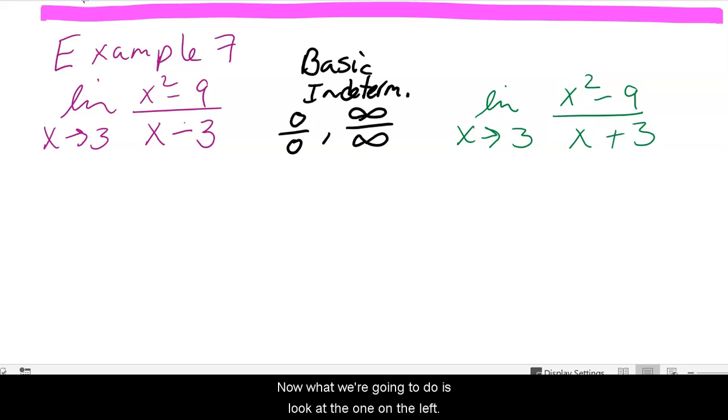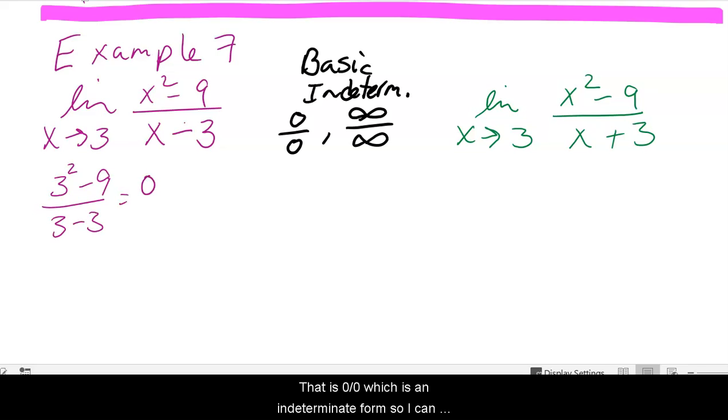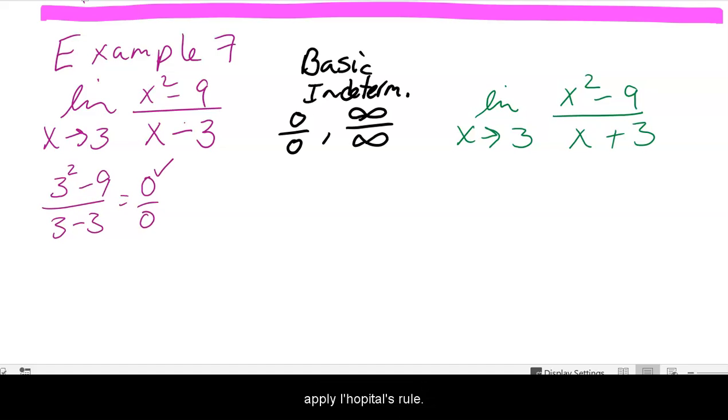Now what we're going to do is look at the one on the left. To know what form you have, you first will plug in what the limit is approaching in place of the variable inside the limit. This gives me 3 squared minus 9 divided by 3 minus 3. That is 0 divided by 0, which is an indeterminate form, so I can apply L'Hopital's rule.